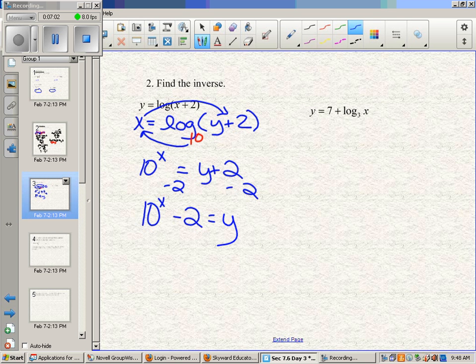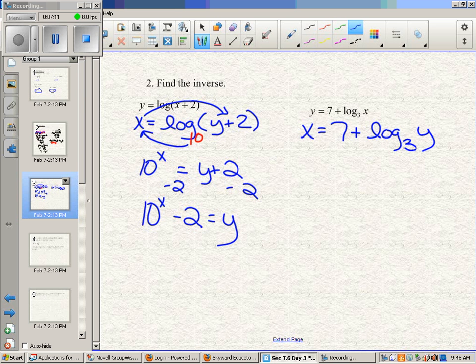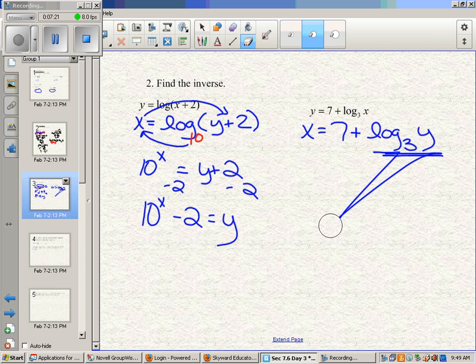All right, do we need to go through the second one? Yes? Okay, switch your x and your y. Is log base whatever of something by itself? No. I need this by itself. Random smartboard issues. Okay, how do I get that by itself? Good.